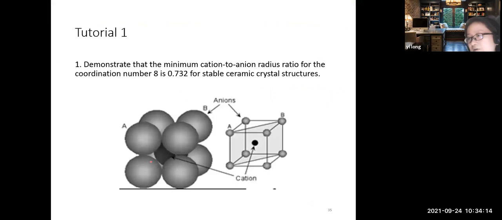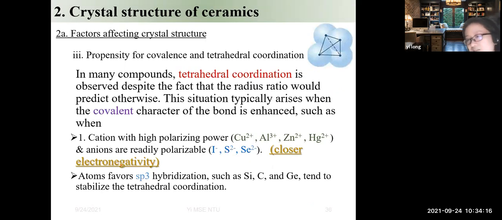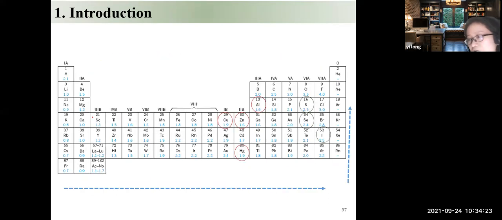Okay, continue. The tricky thing is this one. As I said, I'm going to explain, and later I'm going to give examples. First of all, you can see what they said.